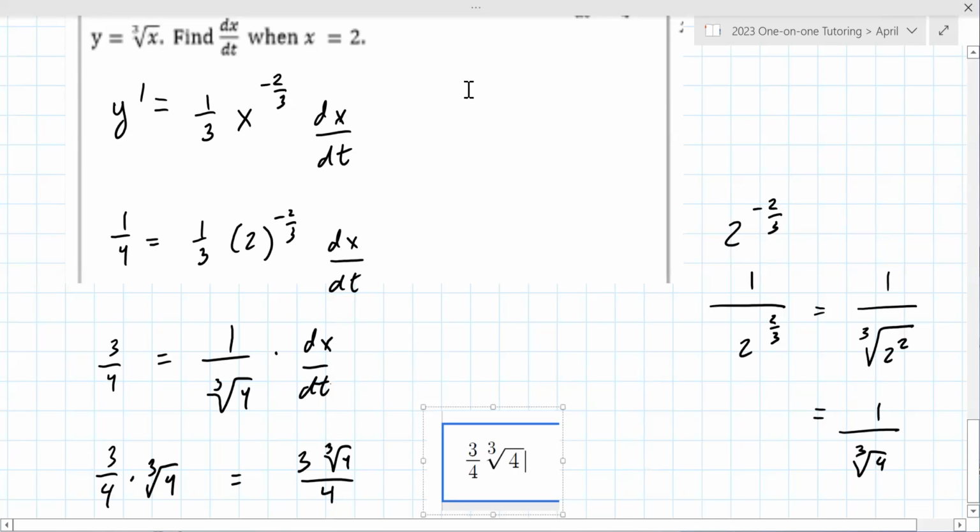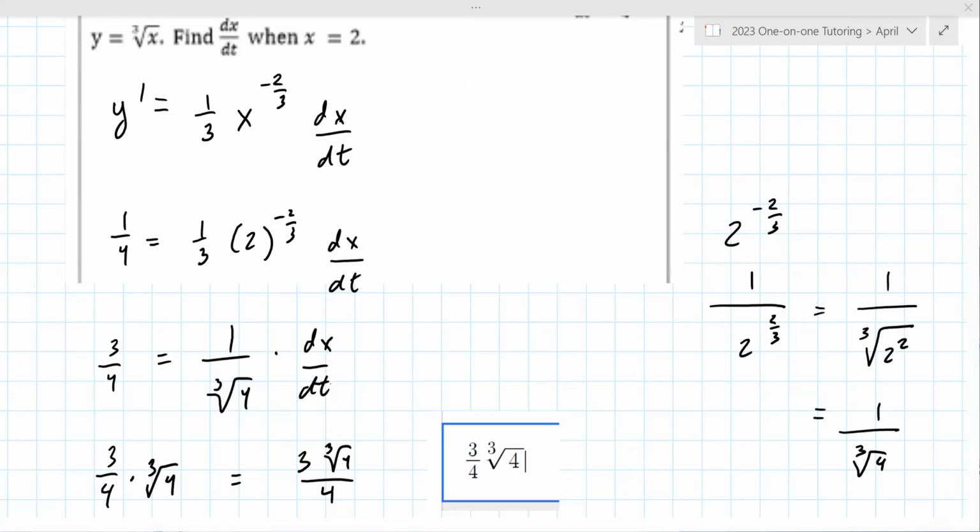Any questions on this or anything you'd like me to clarify? I don't see the answer on the option choices. Okay. What is your result for this here? So it says that equals. Oh wait, I think I typed it in wrong.